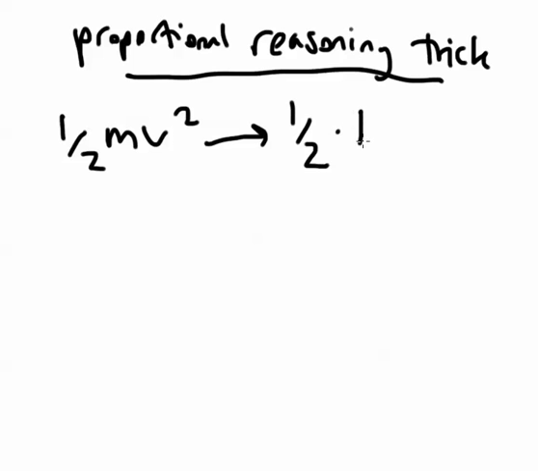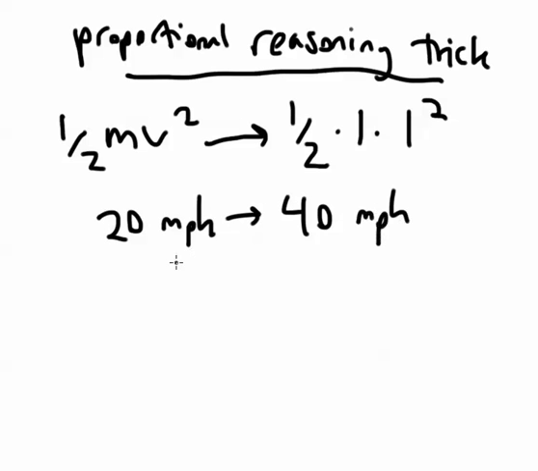So mass is 1, velocity is 1. And then I'm going to say what variables am I changing and how are they changing. So the 20 miles per hour is going to 40 miles per hour. So that means v is doubled.